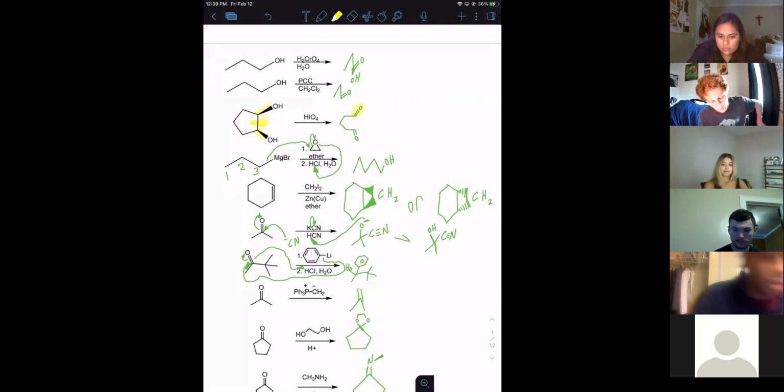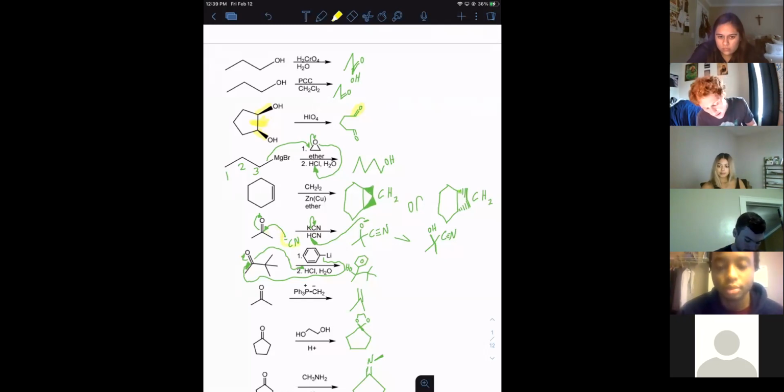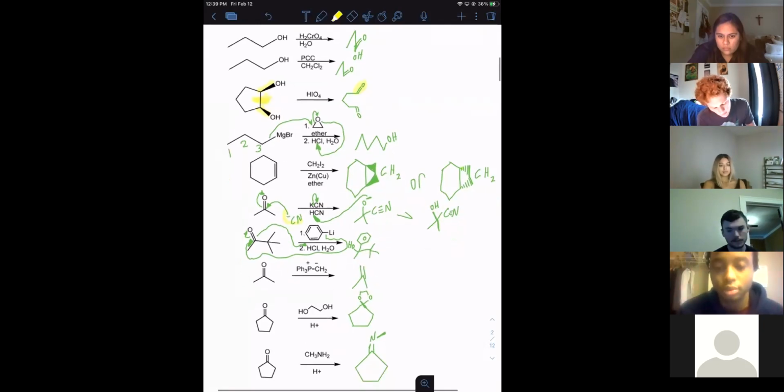But hopefully you're comfortable with drawing that nucleophilic attack to the electrophilic site. And then that carbonyl group is going to become like an alcohol at the end there. So yeah, this next one, you don't really need to worry about steric hindrance for this one in particular.